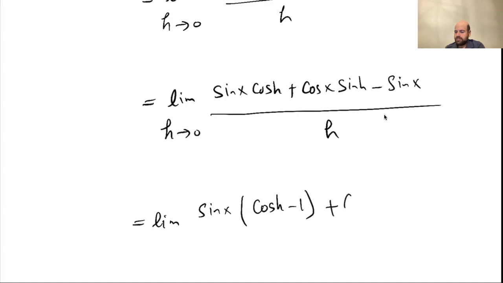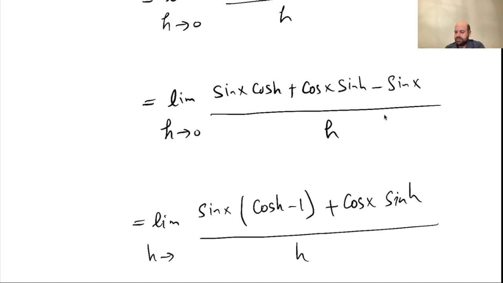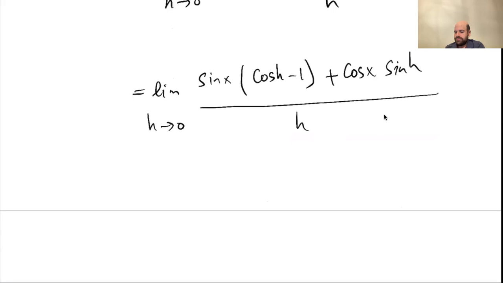And then plus cos x sine h divided by h, h approaches to 0. And then how much is this going to be?